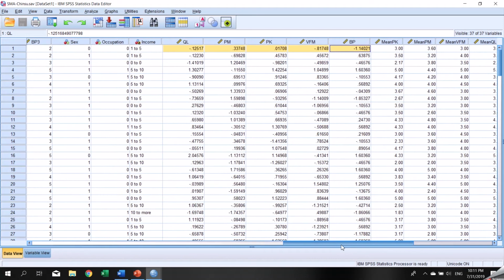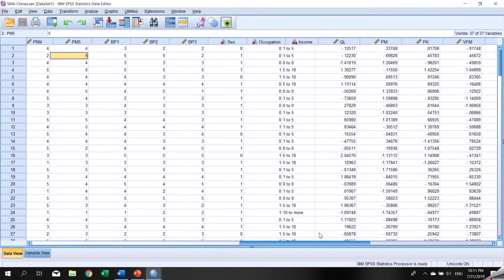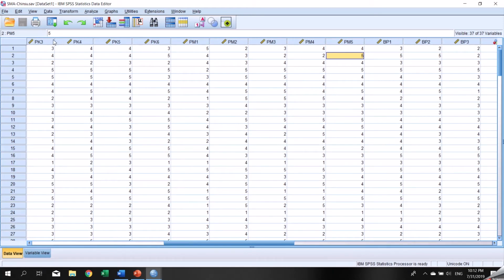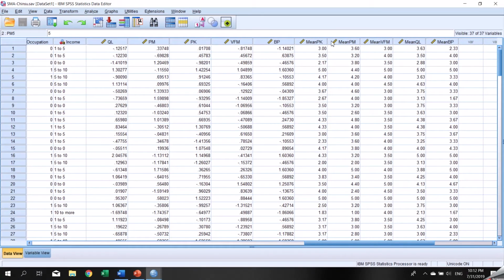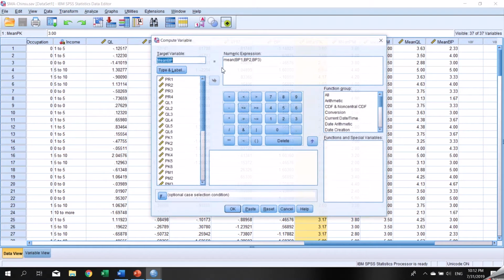As I know what variables load into one component, I will compute the mean based on that. For example, PK1 to PK6 load into one component. I'll name it mean PK, and I'll take the mean of those by hitting transform, compute variable.